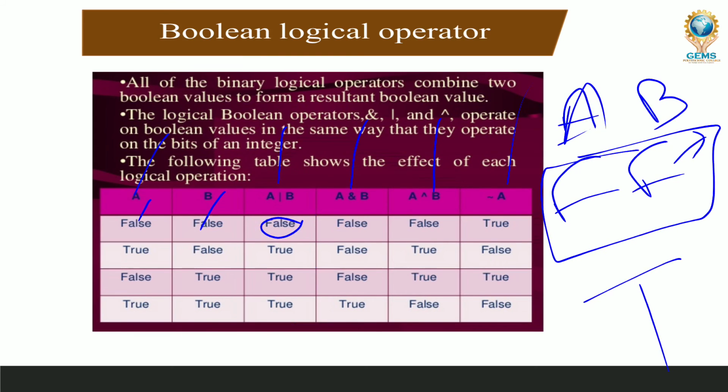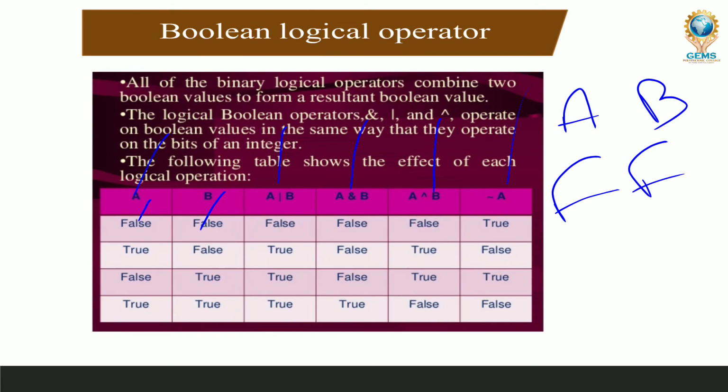Next, the AND operator. When A and B are both false, what is the answer? False only.